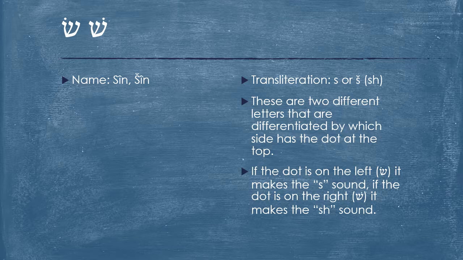The sin is over on the left here, and on the right you have shin. The only difference is where this little dot is at the top. If it's on the left side, you have a sin, and if it's on the right side, you have a shin.